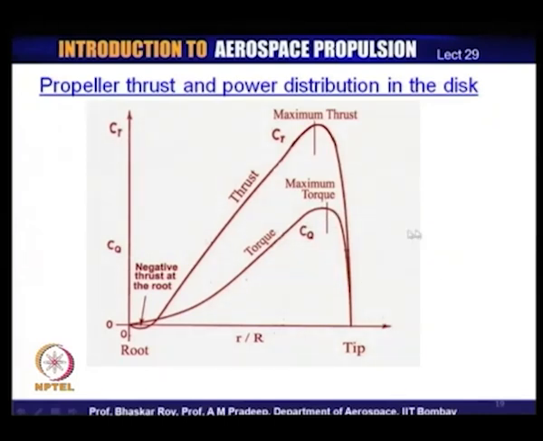But in our actuator disk theory, we have assumed that it is uniform over the entire annulus or entire area of the actuator disk. So, this difference between an actual propeller and the actuator disk is what manifests itself in the differential between the estimated values of thrust and efficiency and the actual values one may find by experimental or other more accurate methods.